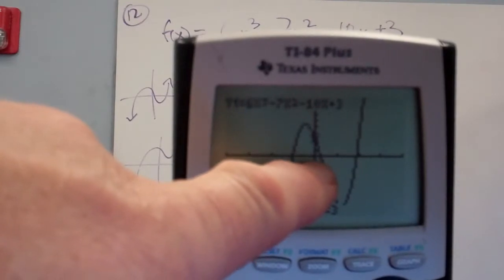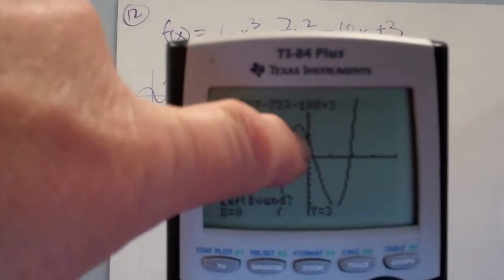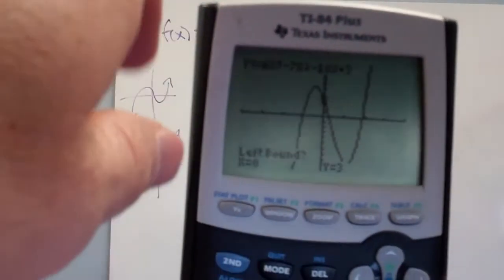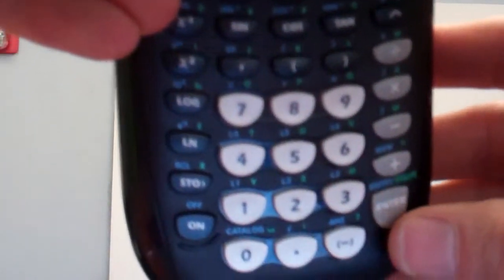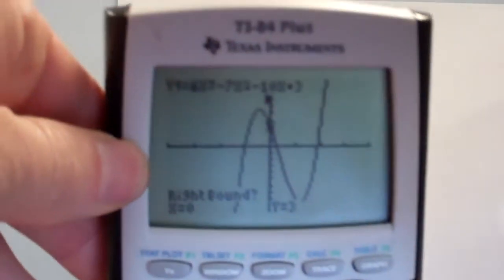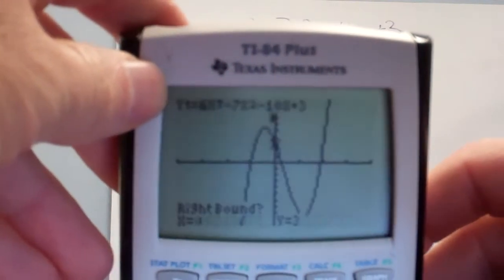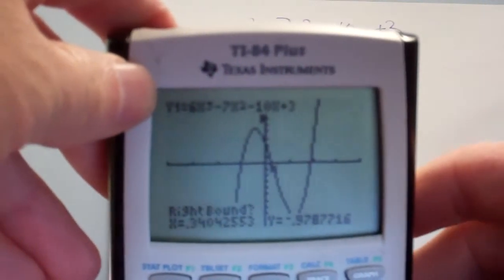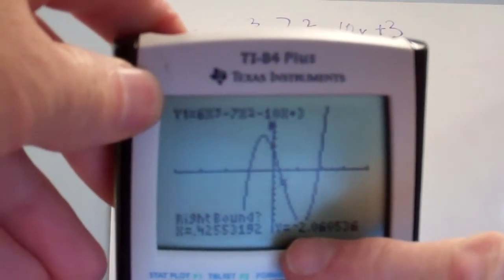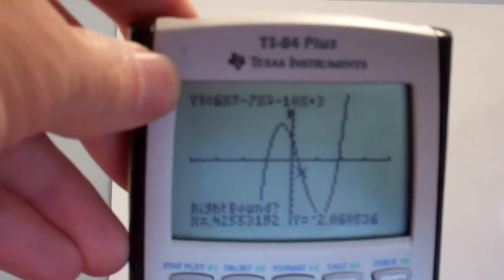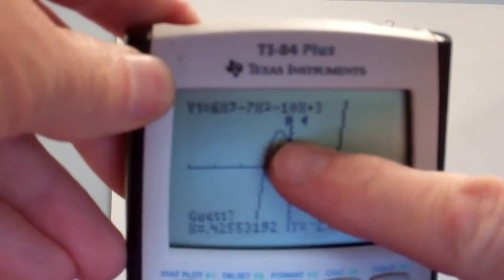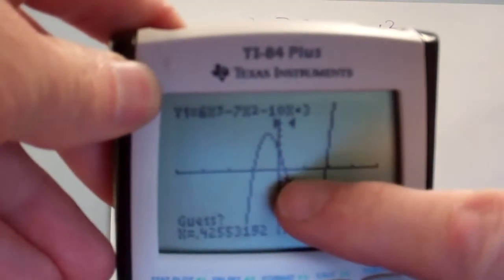So if I try to find this 0 here, I'm on the left hand side of it, the cursor's above it. So I hit enter right there, and then I'm going to arrow over until it's below it, and I can tell when this changes to a negative sign there, from positive to negative. I hit enter again, and I see these two pinchy arrows right there, my 0 somewhere between that.